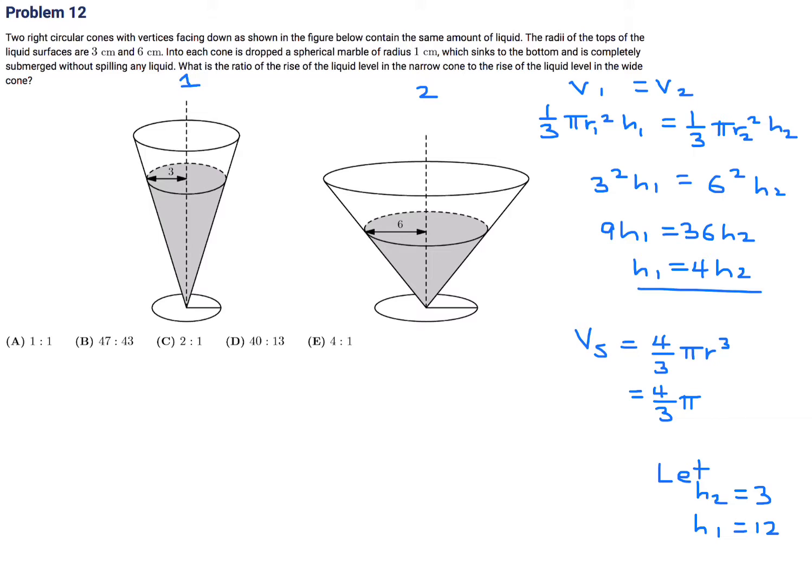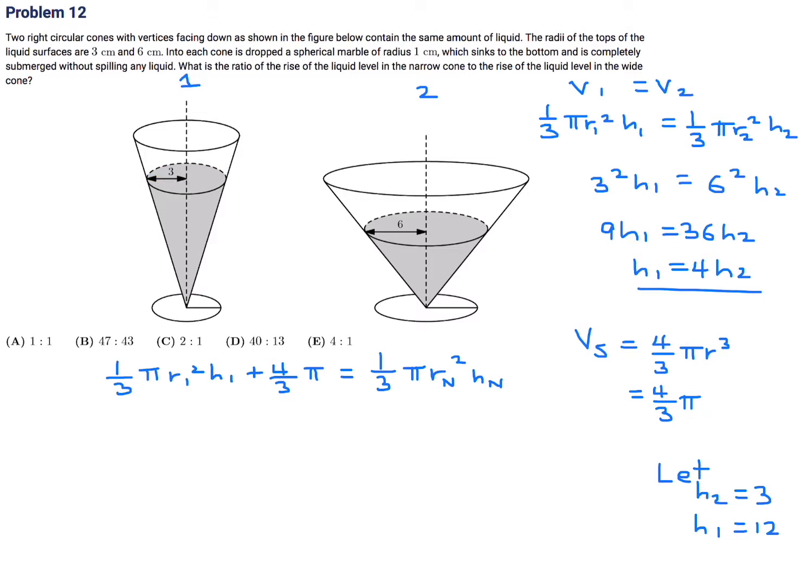So that means this plus that sphere, which is 1/3 pi r1 squared h1 plus 4/3 pi, is equal to the new equation, which would be 1/3 pi r, I'll just say put n for new, squared, and the new height, right? Because when you put in a pebble or sphere, the height will rise a little bit. And that's pretty much what they want you to figure out.